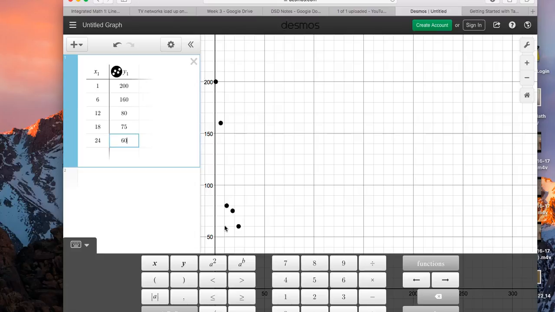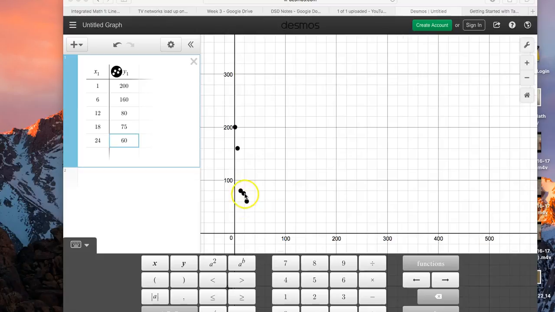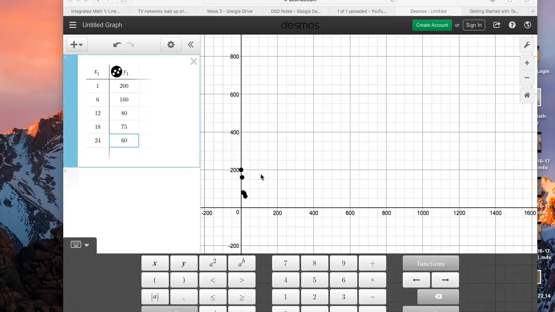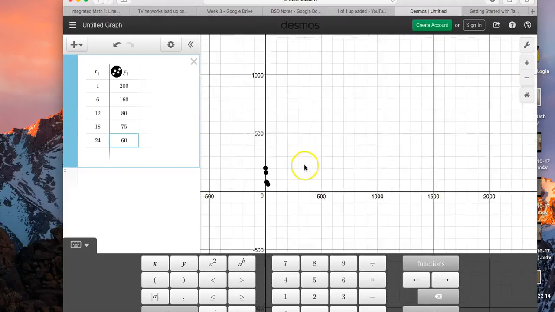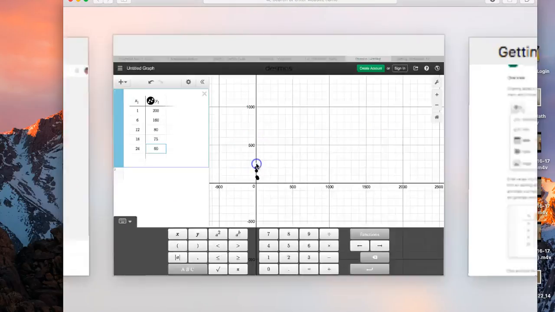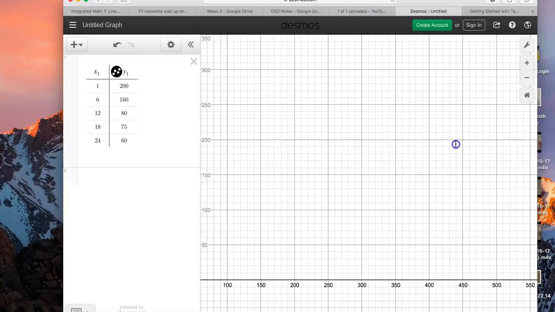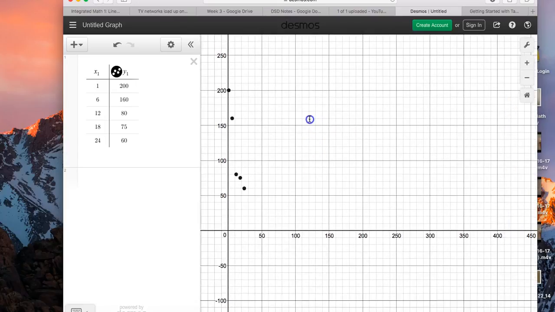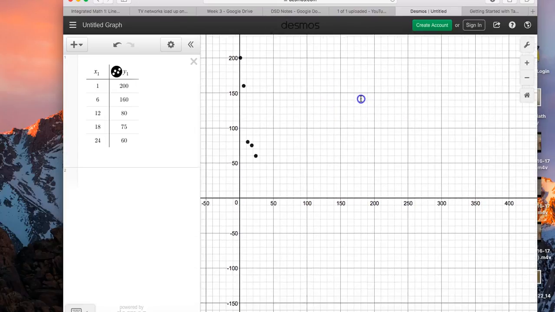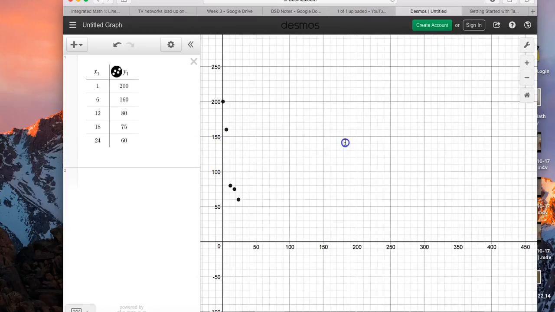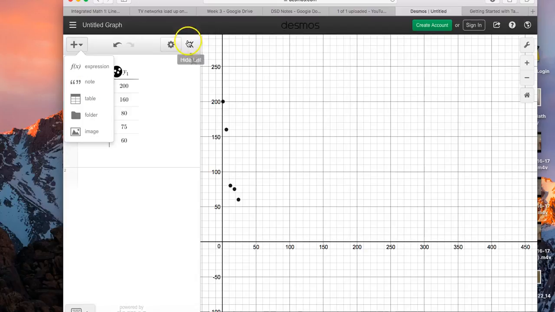So the way to do this is to take your data and look at a line that would best fit most of the points. So I'm going to go ahead and draw on this.